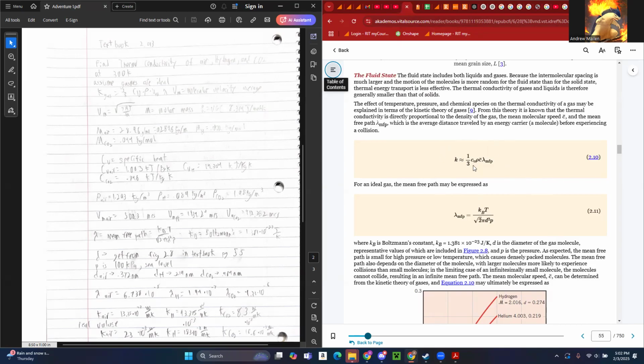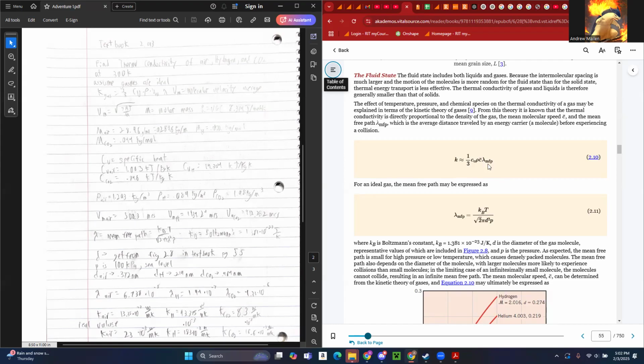Here we are given an equation that the coefficient of conduction is approximately 1/3 times the specific heat of the gas times the density of the gas times the mean molecular speed, or the average speed that the air molecules are moving at, times the mean free path, which is the average distance between the actual molecules.